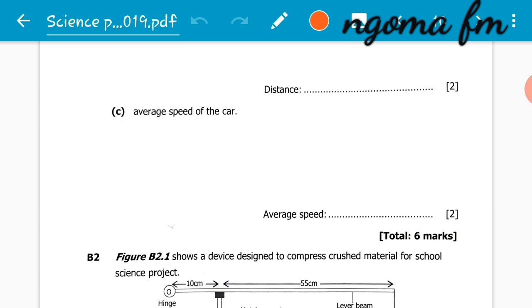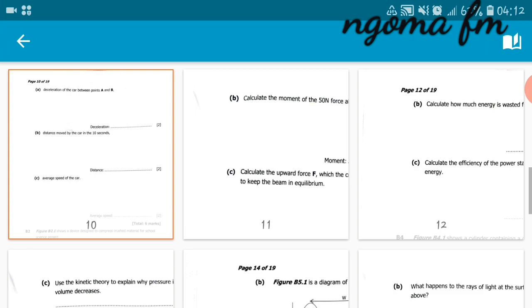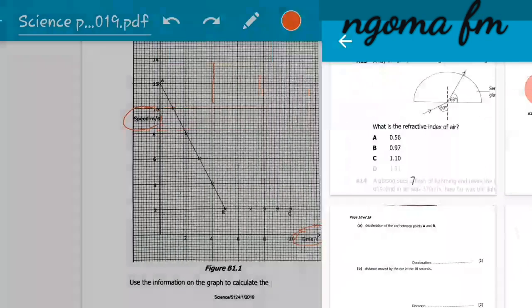Now let's go back to our graph and check point A and point B so that we can get the coordinates from the graph itself.